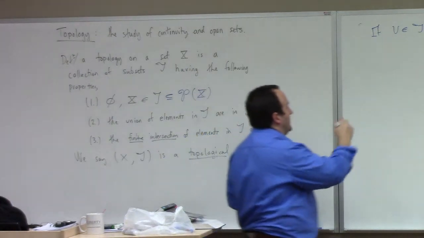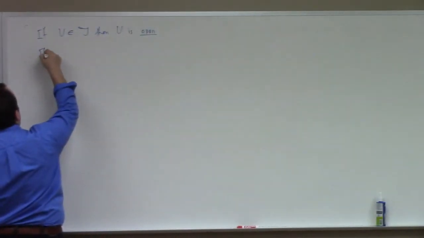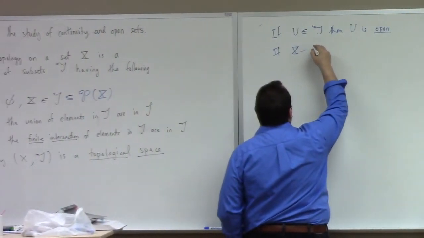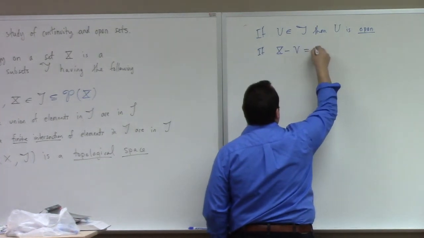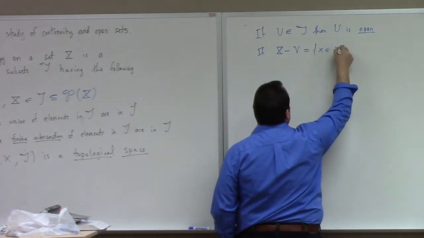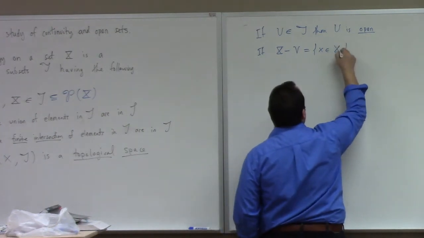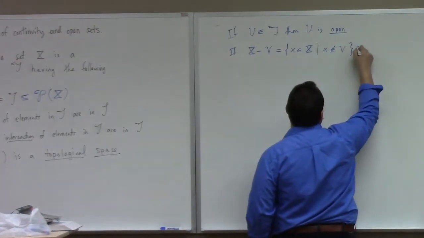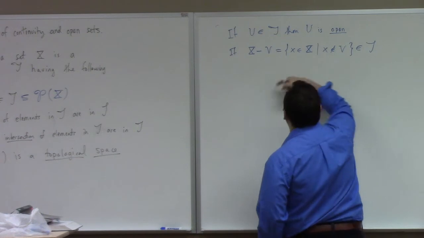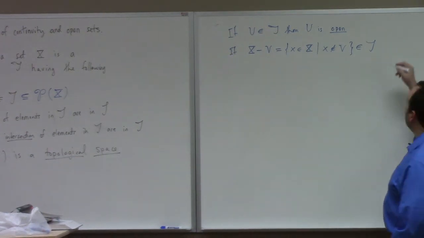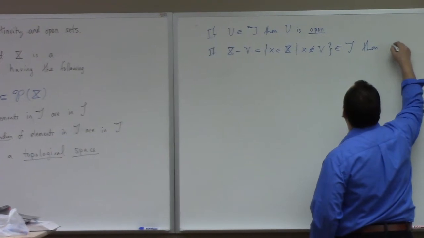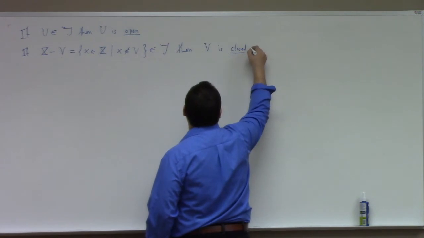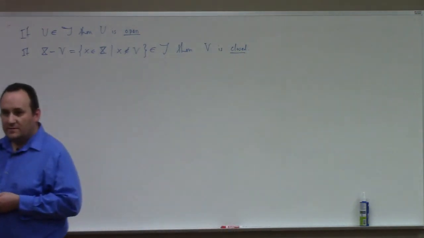On the other hand, if X minus V, or set difference here I'm talking about, in other words, just to be explicit, this is the set of x in X such that x is not an element of V, if this is an element of the topology, in other words, if the complement of V is an open set, then V is closed, or it's a closed set. So this is how we define open, this is how we define closed.